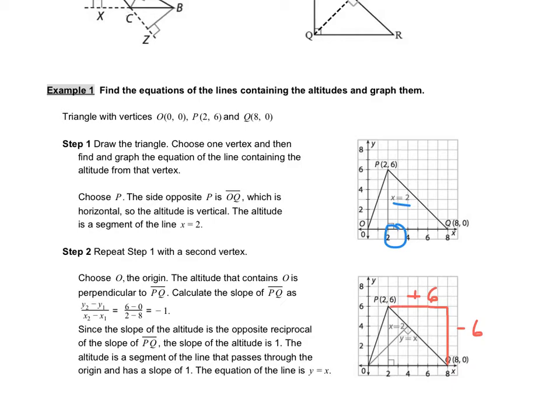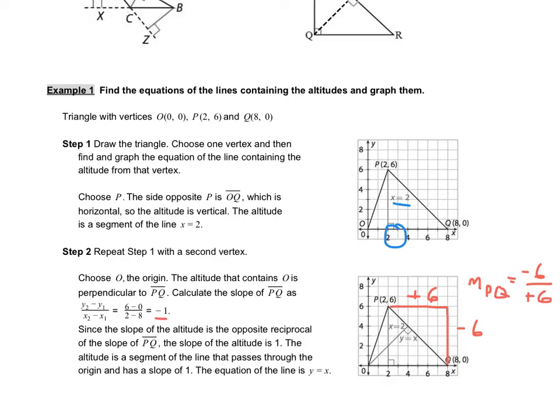It's really important to make sure you label your work here. So the slope of PQ is rise over run, rise -6 over run +6, and a negative divided by a positive is why we get that slope of -1.